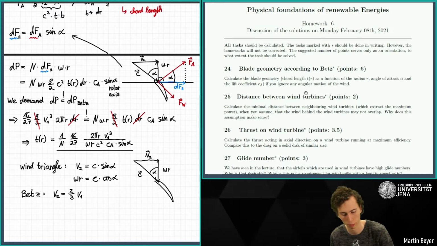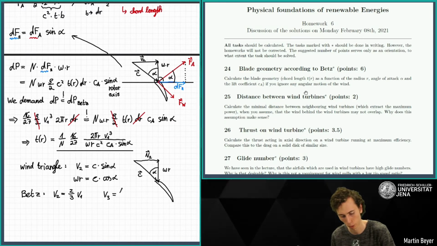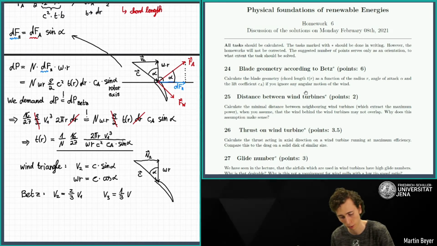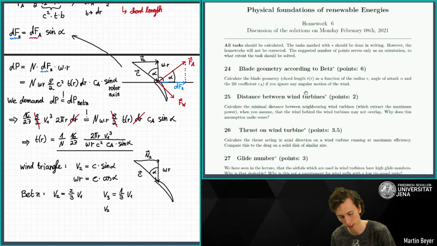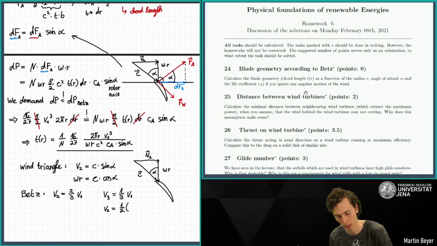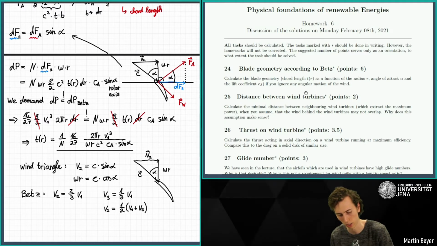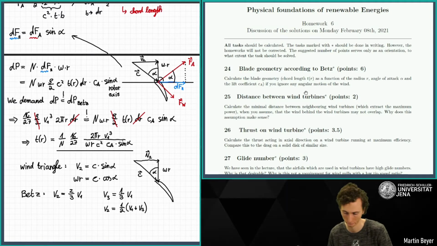So maybe you're more familiar with the formula that v3 is 1/3 of V1. And from this relation, and using the Froude-Rankine theorem, which states that V2 is just the arithmetic mean of the other two velocities, we can find this relation for V2 and V1.